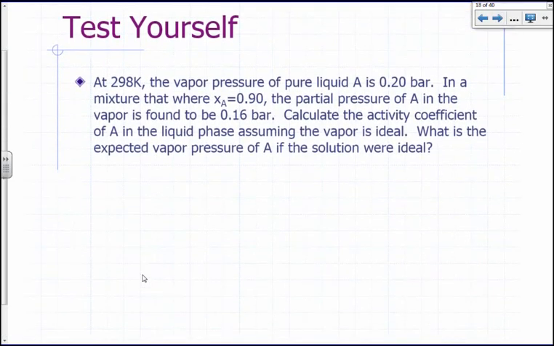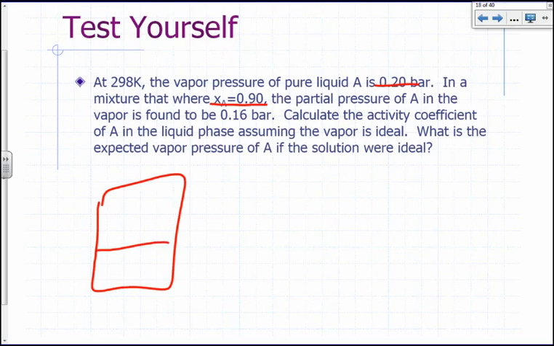So let's look at this example to illustrate that concept. The vapor pressure of a pure liquid A, let's say, is 0.2 bars. It's the same problem as before. Suppose you have a mixture where the mole fraction of A is 0.9, and something else with a mole fraction of 0.1.